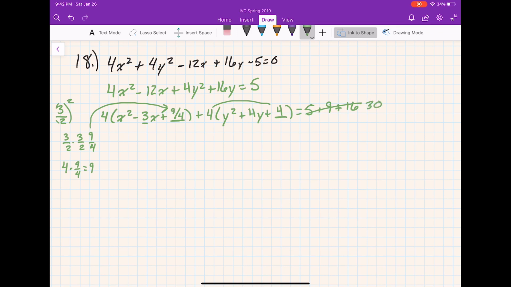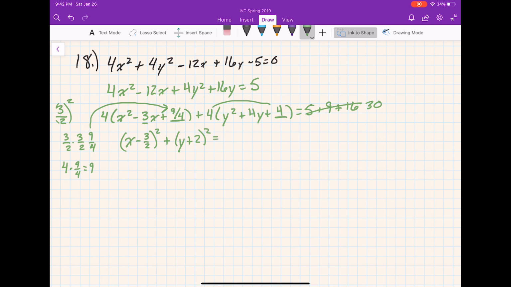Now we've got these 4s in front of these little two guys. Well, let's factor these down first. So this is going to be x minus 3/2, I showed the work already, and that quantity squared, plus this quantity is y plus 2 squared.